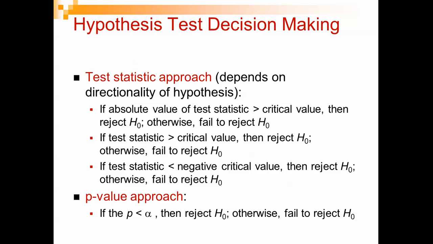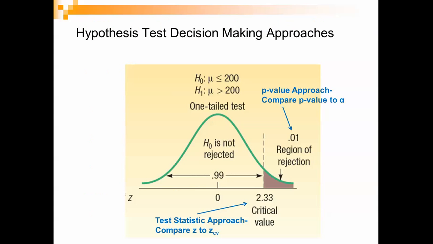And we can look at this graphically as well. So here's the p-value approach compared to the test statistic approach. In the test statistic approach, we're comparing our test statistic of z to a z critical value, and it could be a t-test as well, but we're comparing our test statistic against our critical value.